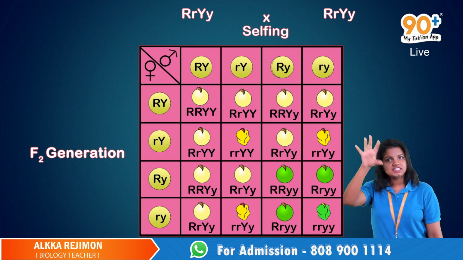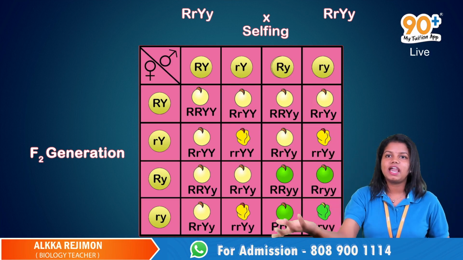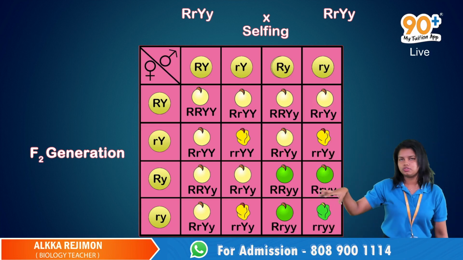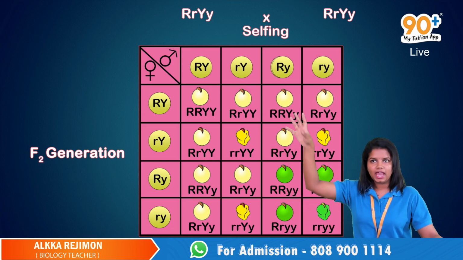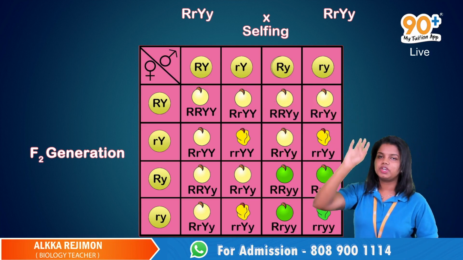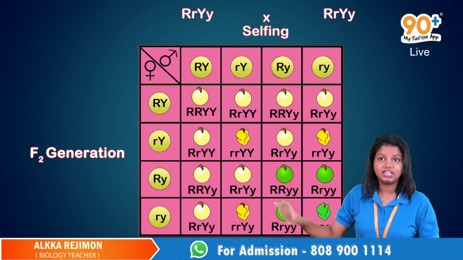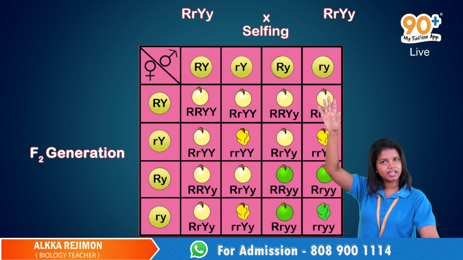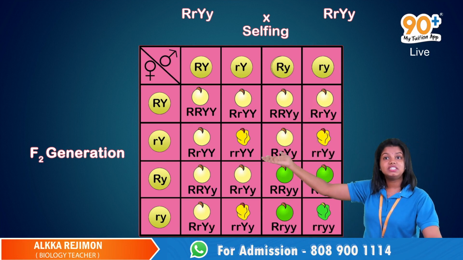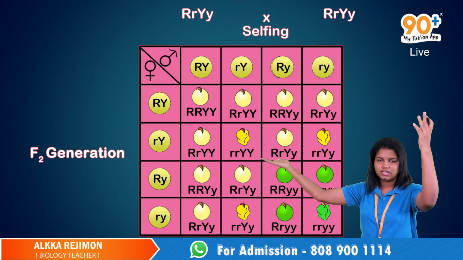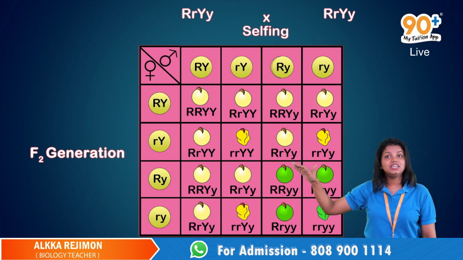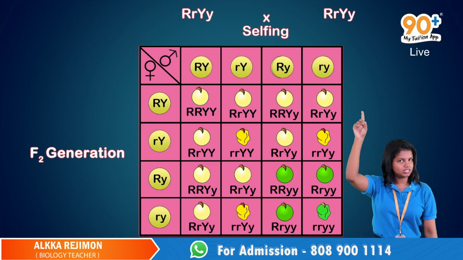So in the offspring you can see two extra characters compared to the parent. I hope you noticed it. The parent is round yellow, and in the offspring you can see round yellow, the parent's character. Then you can see wrinkled yellow, which is not seen in the parent. Then you can see round green, which is not seen in the parent.